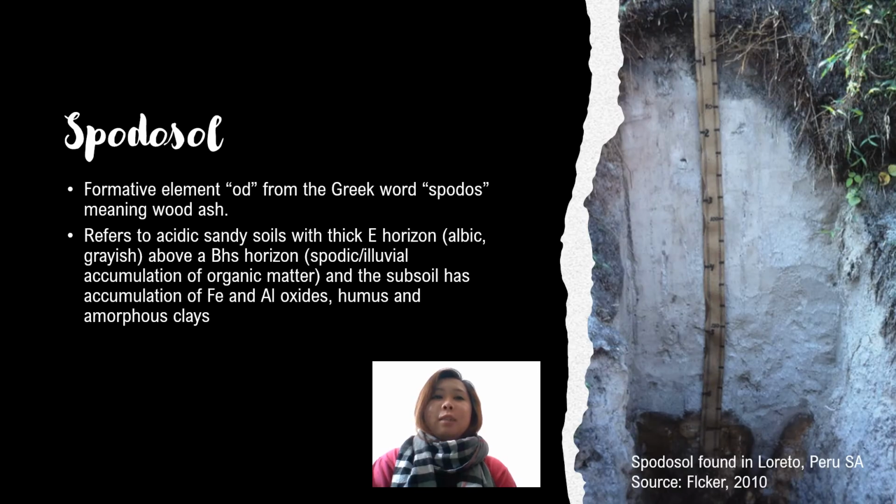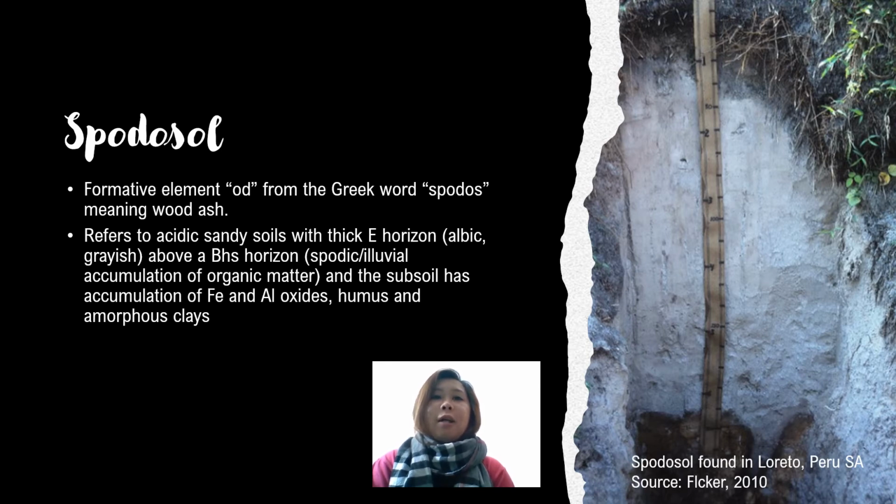Next one is spodosol. It has a formative element "od" from the Greek word spodos, meaning wood ash. This refers to acidic sandy soils with thick E horizon, an albic or grayish horizon above a Bhs horizon, or a spodic or illuvial accumulation of organic matter.